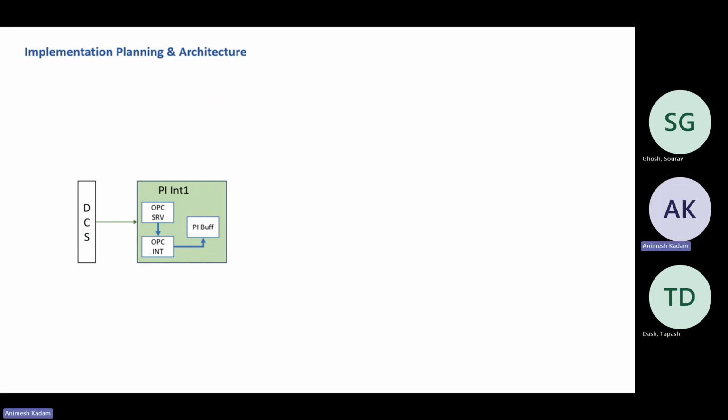So when I refer to the interface, it is software. But when I refer to an interface node, then I will be referring to the machine where the interface is installed.